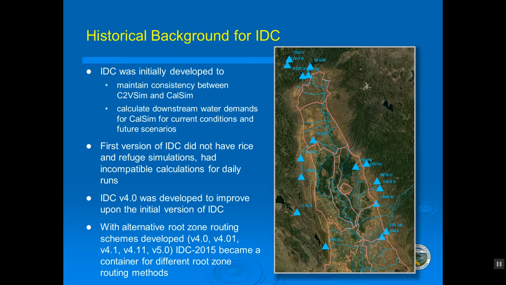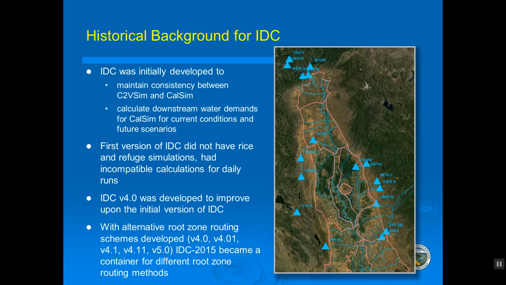So the historical background for IDC, Bureau folks are talking about CalSim. Basically, in DWR, we have this model called CalSim. DWR is maintaining the Sacramento Valley portion, and the Bureau is maintaining the San Joaquin portion of it. It's essentially a reservoir optimization or reservoir operations model.